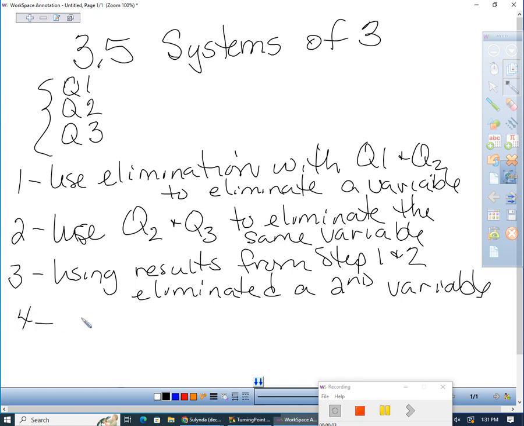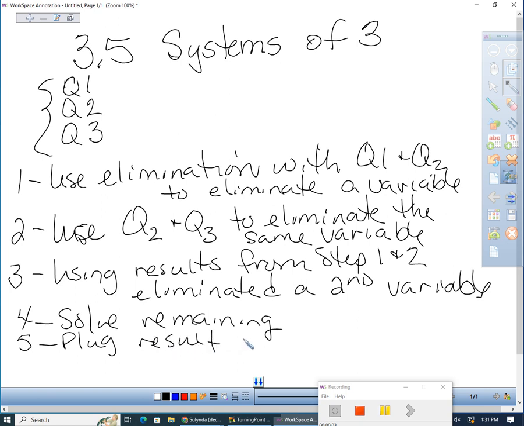Step 4, we said solve remaining. Step 5, plug result into step 1 results.